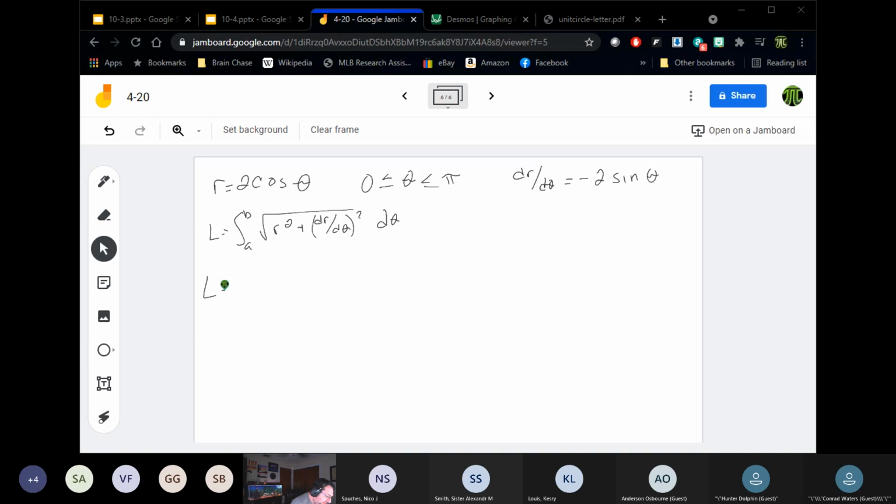So my arc length is going to go from 0 to pi. R is 2 cosine theta squared, and then plus negative 2 sine theta squared. So if we do this out, I have 4 cosine squared theta plus 4 sine squared theta.